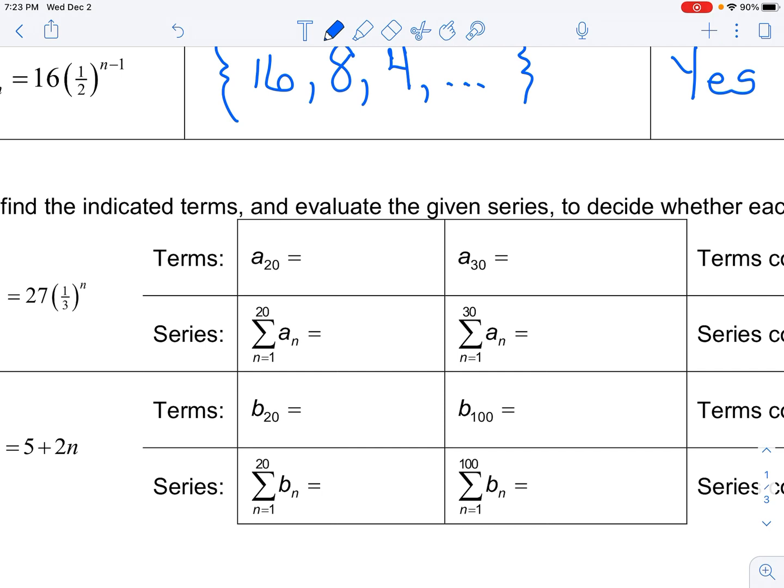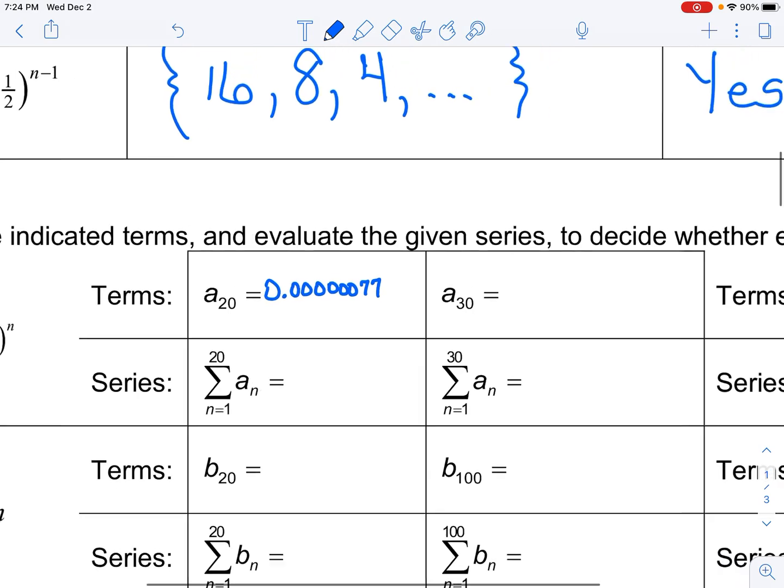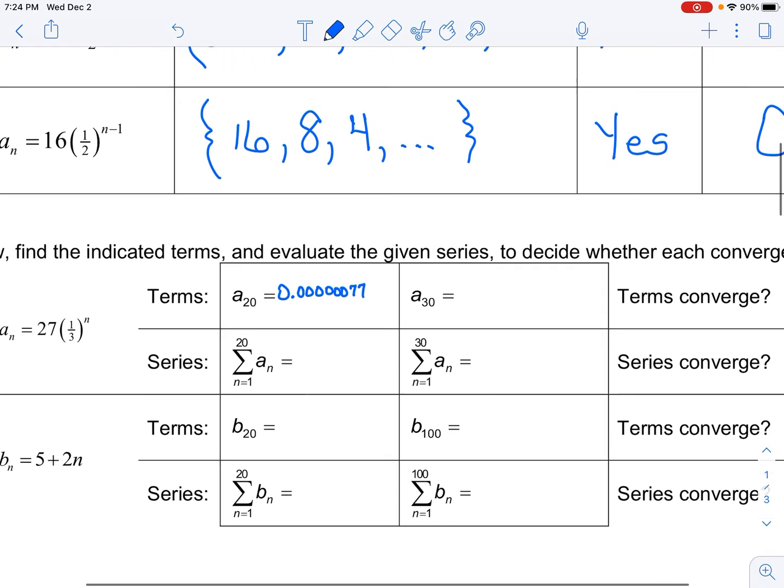If you do that in your calculator, it's probably going to give you 7.7 and then a bunch of numbers, e negative 9. That means that decimal should be moved to the left 9 times. So this is really going to be 0.000000077. Okay, so 6 zeros and a 7.